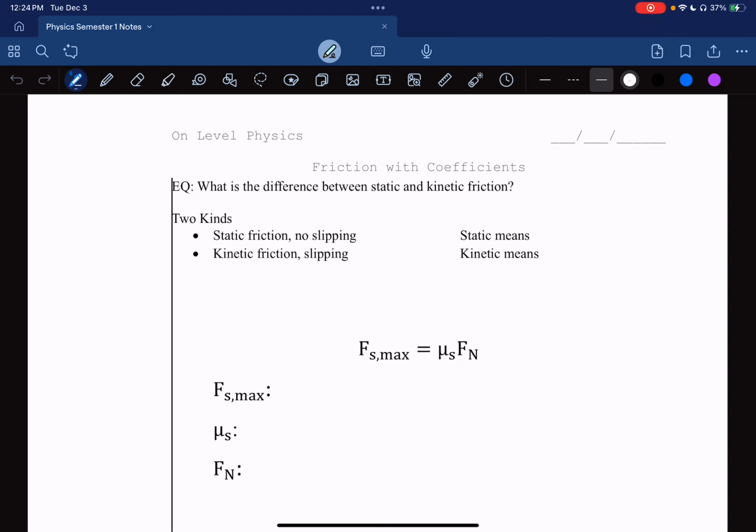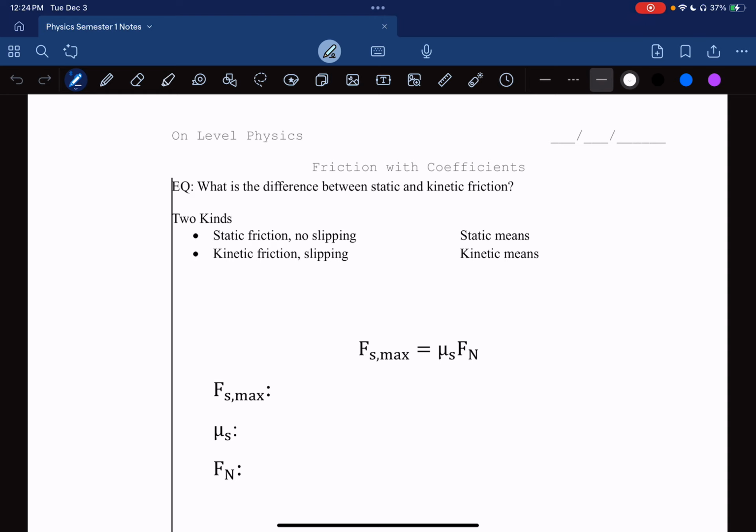And you might have noticed that as you're moving your dresser or your bed in your bedroom, trying to move it from one location to another, you push against the object, and it doesn't move.